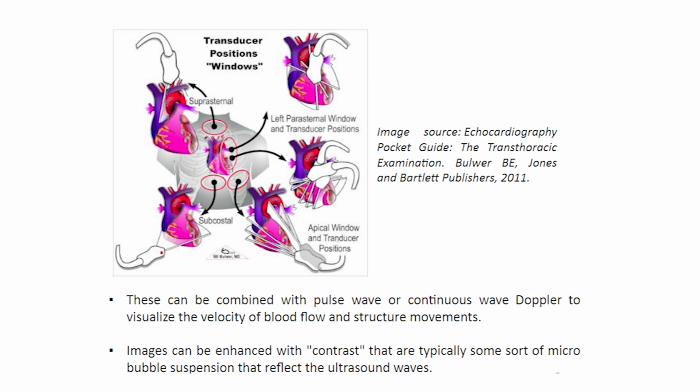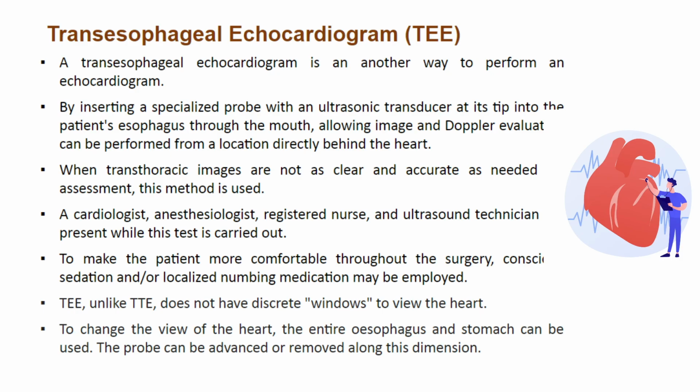Now, I am going to explain transesophageal echocardiogram, which we call TEE for short. A transesophageal echocardiogram is another way to perform an echocardiogram, by inserting a specialized probe with an ultrasonic transducer at its tip into the patient's esophagus through the mouth, allowing image and Doppler evaluation to be performed from a location directly behind the heart.